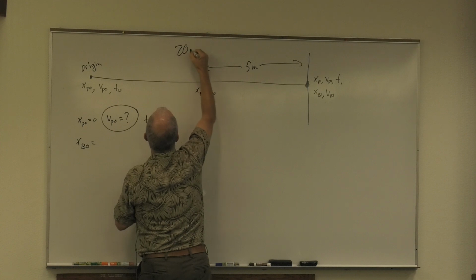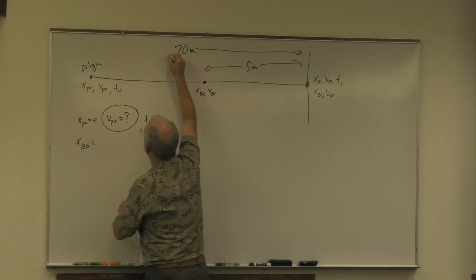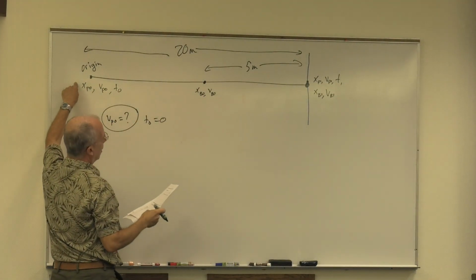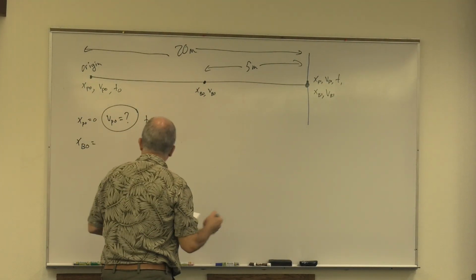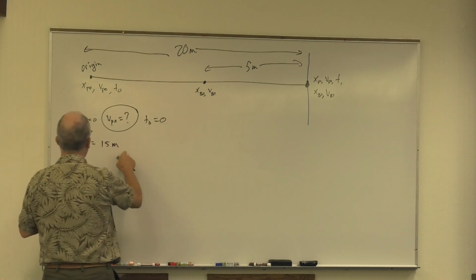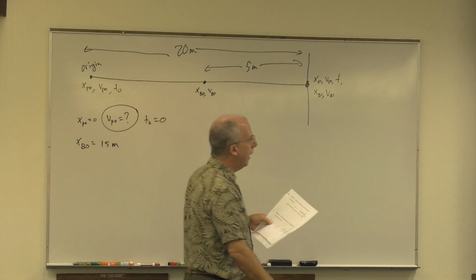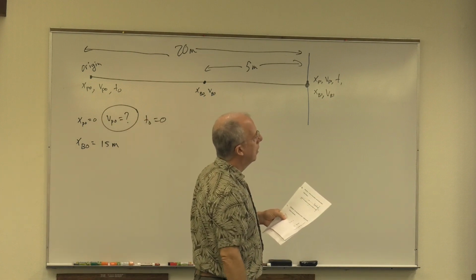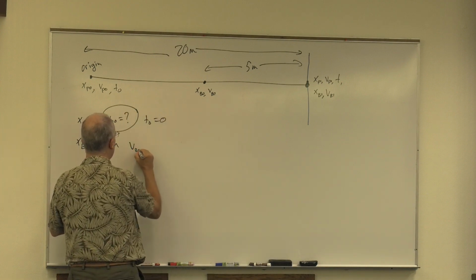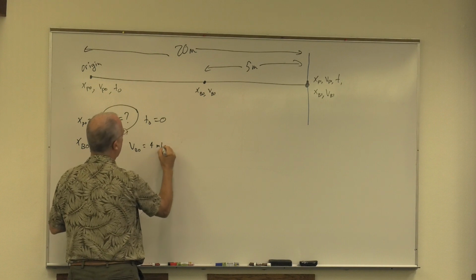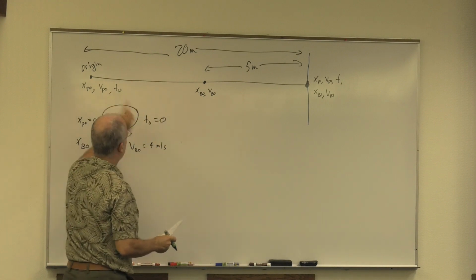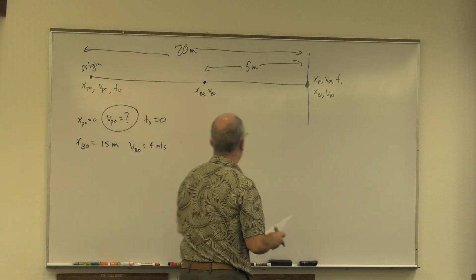So what's the position of Bruce relative to the origin? 15, right? You might have to do some simple things like that. So x Bruce 0 is 15 meters. Bruce is going at 4 meters per second, so v Bruce 0 is 4 meters per second. And I don't need to write t0 because I already put t0. I'm done with that.